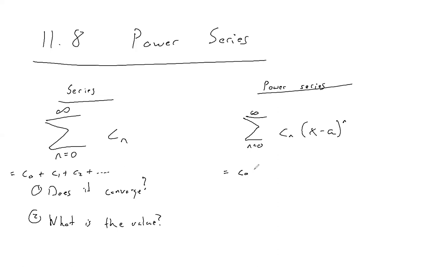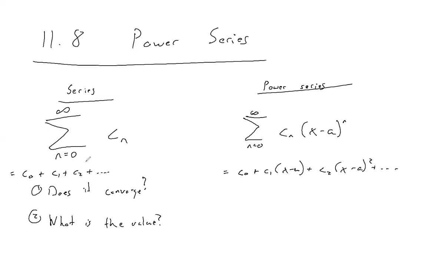It would be C0, x minus a to the power 0. Anything to the power 0 is just 1, right? So that'd be C0 times 1, which is just C0, plus C1 times x minus a, plus C2 times x minus a squared, plus dot, dot, dot, on forever.